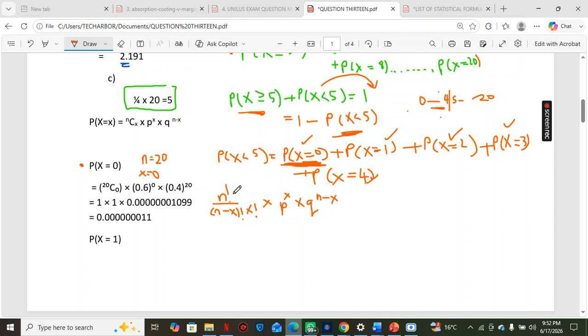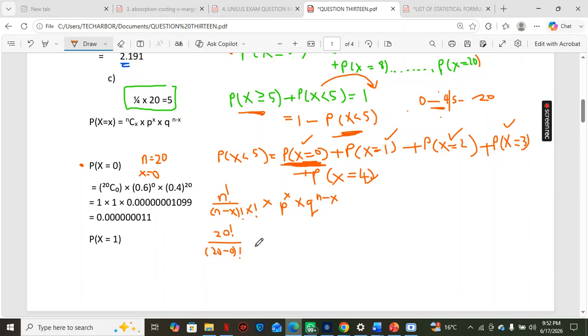Okay. So here n is 20. Where there is n, you just put 20. So you're going to say 20 factorial. N minus x, n is 20, x is 0, so you say 20 minus 0 factorial.